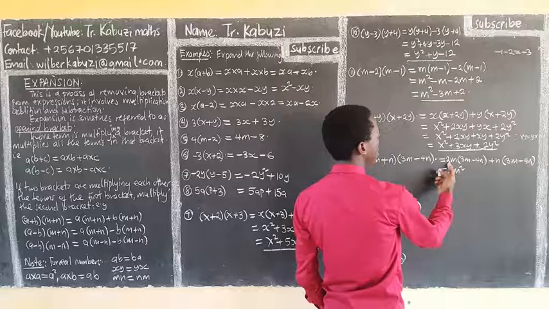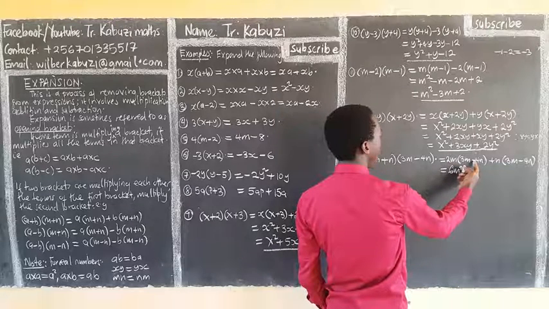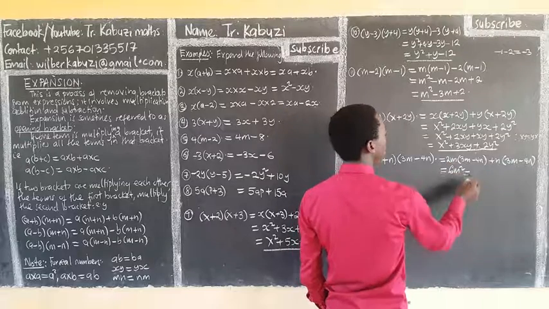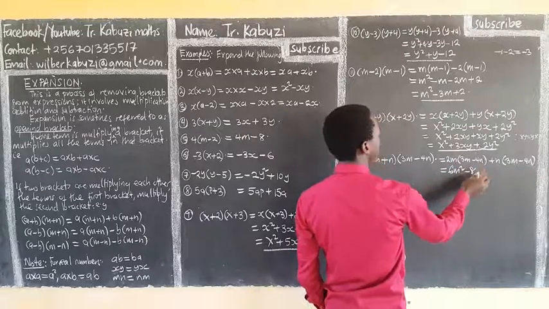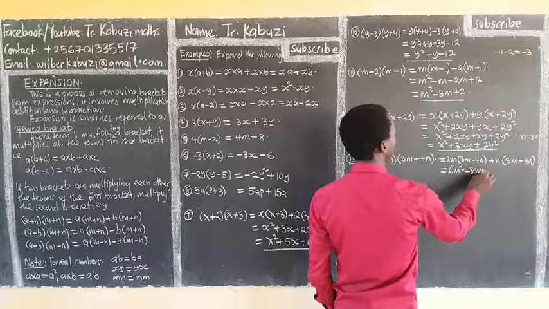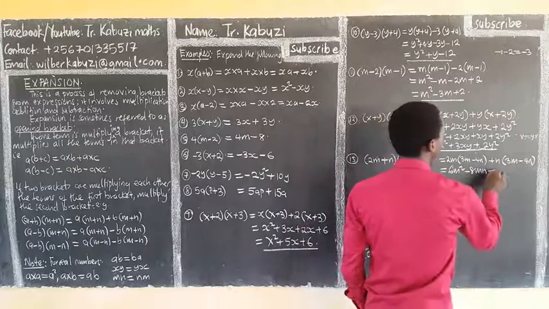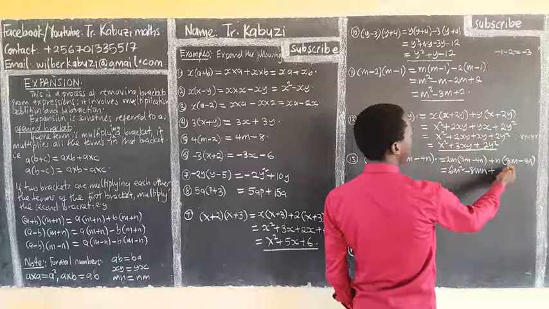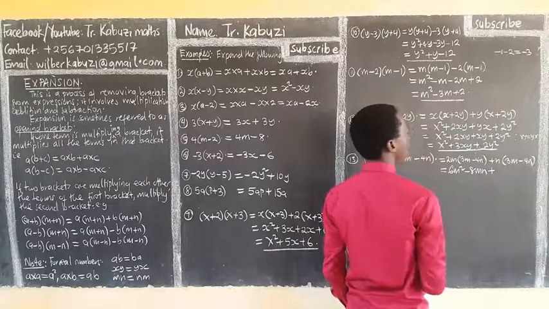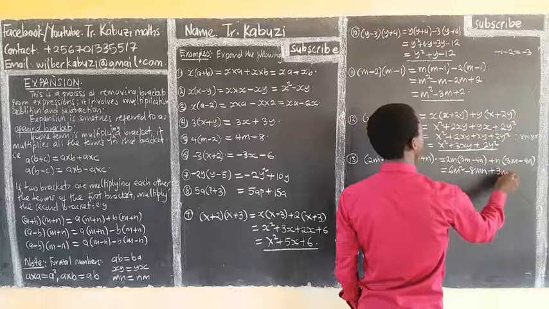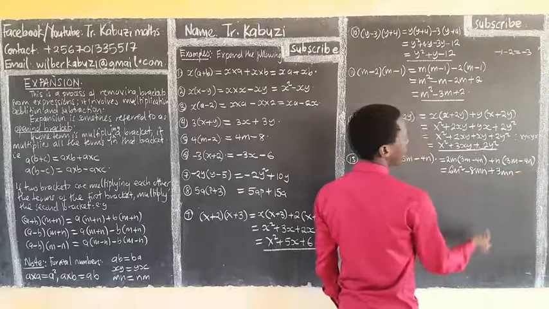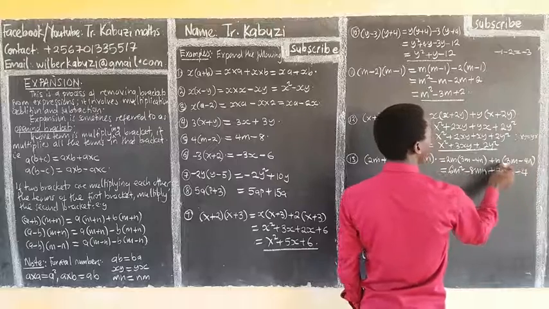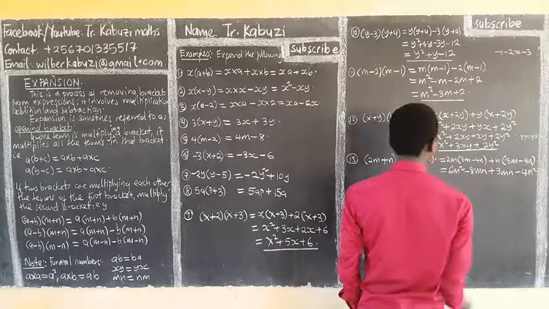Then 2m times negative 4n. First of all, 2 times 4, we get 8. m times n, we get mn. Plus 3m times n, we get 3mn. Minus n times 4n, we get 4 times n squared.